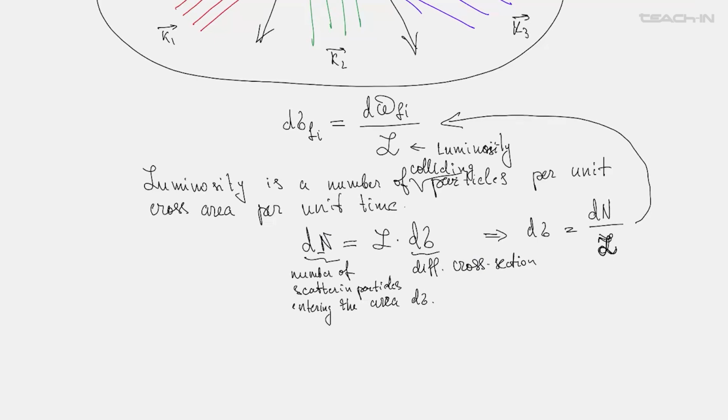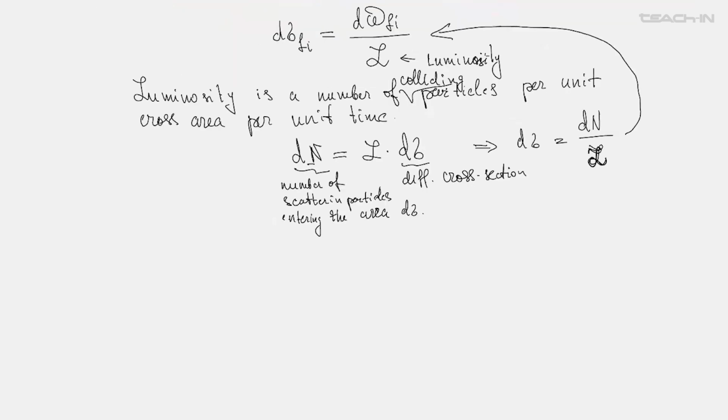But the transition amplitude is one quantity, determined by microscopic laws, by your Lagrangian. And luminosity is defined by such a quantity as the density of particles in the colliding beams. You see? That's exactly what I'm saying. So your accelerator produces particles with a certain density, with a certain intensity. This is in a way a characteristic of your accelerator. It's not related to the microscopic laws of how particles interact. It's rather related to your device, to your machine.